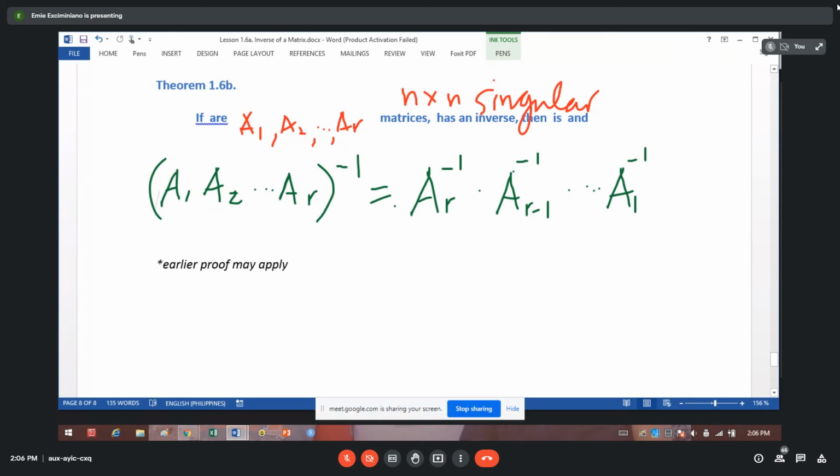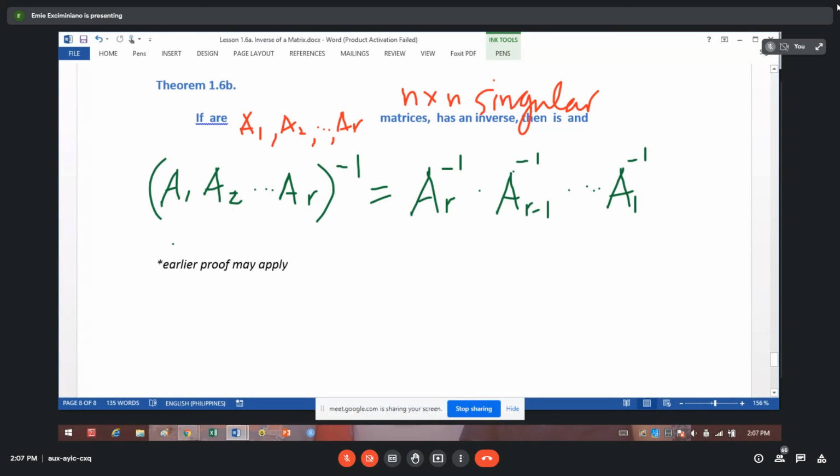Ibig kong sabihin, babalik ka rin sa order when taking the inverse of their product. And then this becomes the inverse of A sub R times the inverse of A sub R minus 1 up to the inverse of A sub 1.